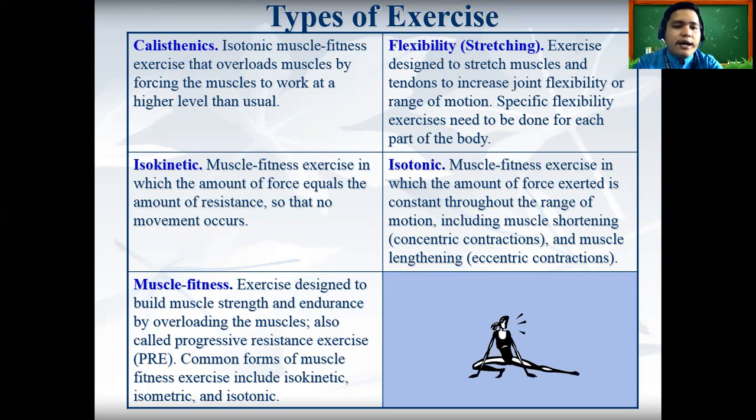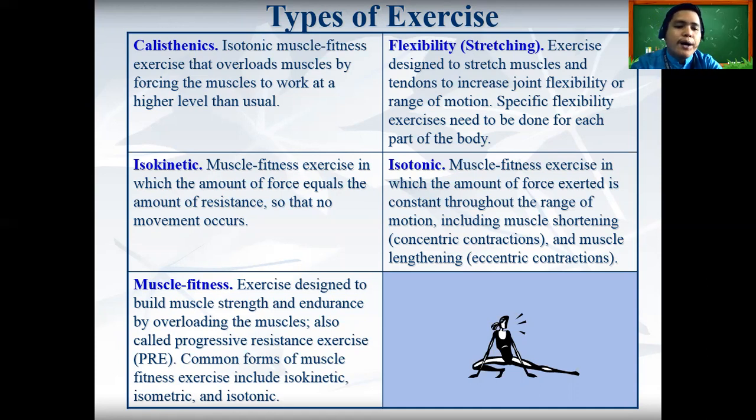We also have isokinetic muscle fitness exercise, in which the amount of force equals the amount of resistance so that no movement occurs. Isotonic muscle fitness exercise is one in which the amount of force exerted is constant throughout the range of motion, including muscle shortening, concentric contractions, and muscle lengthening, or eccentric contractions.